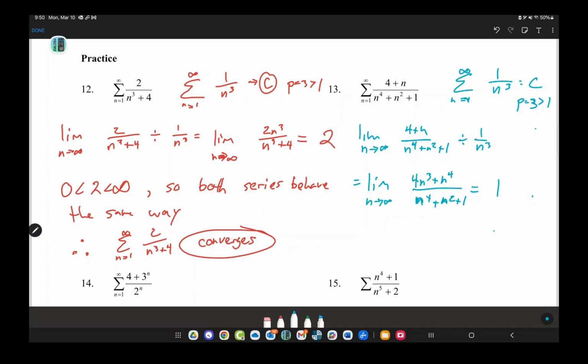Because we know how this works, since 0 is less than 1, which is less than infinity, the series behaves the same way. Therefore, the sum as n equals 1 to infinity of 4 plus n over n to the fourth plus n squared plus 1 also converges.